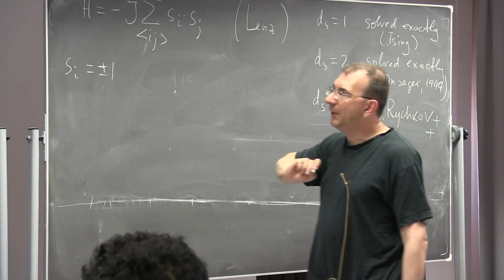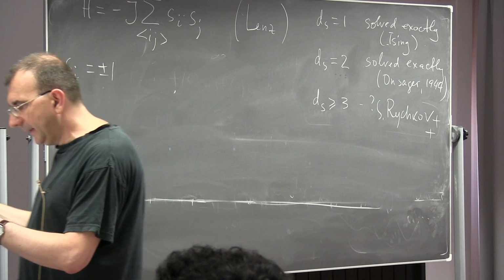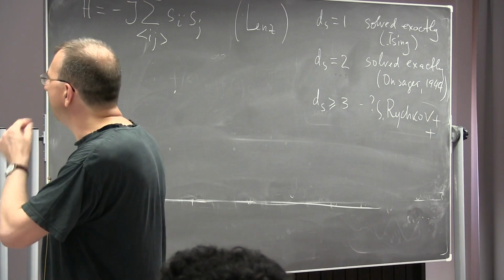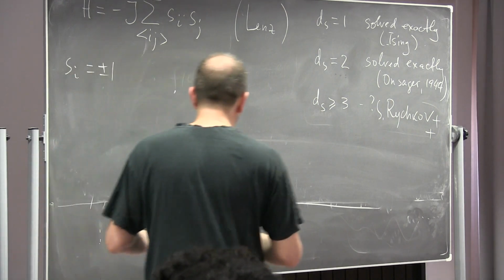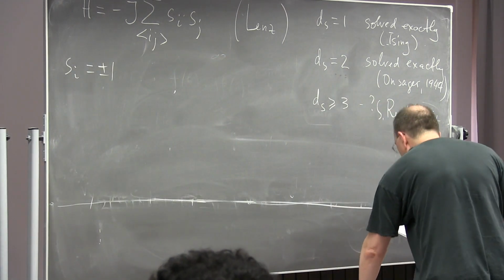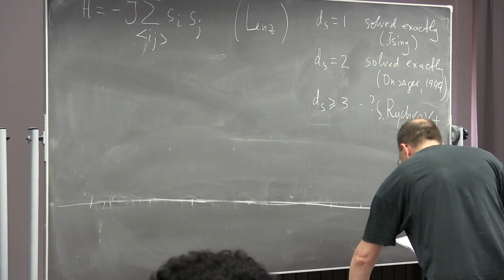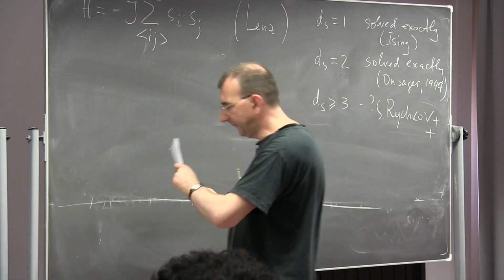All right. So the duality. What did they do? They managed to change variables in this Hamiltonian or in the partition function. So let me write down the expression for the partition function.